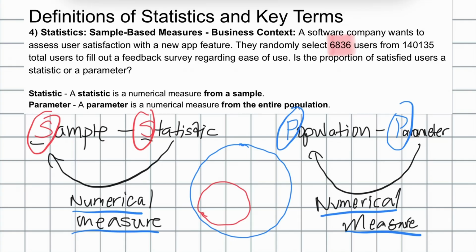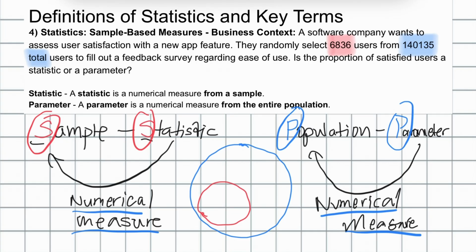Out of that sample, we have a population of 140,135 users, because that's the total here, to fill out the feedback survey regarding ease of use.